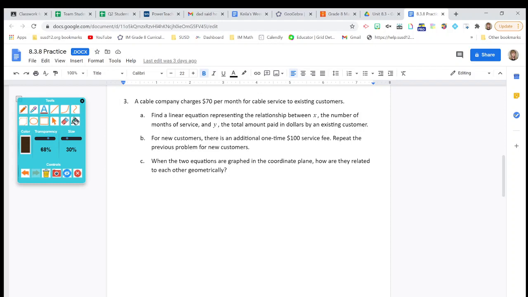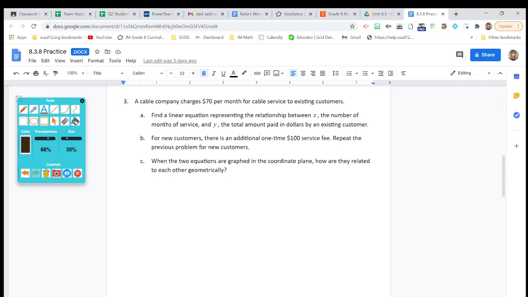B. For new customers, there is an additional one-time $100 service fee. Repeat the previous problem for new customers. And C, when the two equations are graphed in the coordinate plane, how are they related to each other geometrically? Okay, let's work this problem.